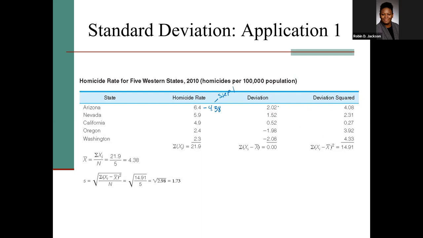All right. Then remember, you take these and you square these deviations, because the deviation is you take the 6.4 minus 4.38. So you subtract the mean from the score, and then that number that you get, that's the deviation. Then you take that and you square that.